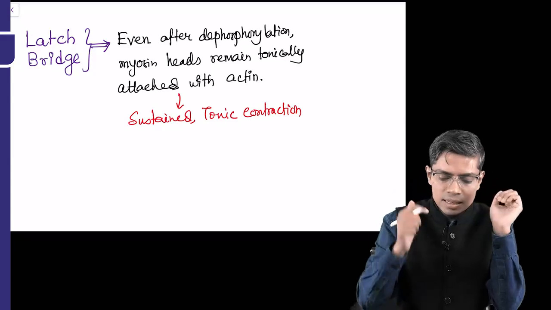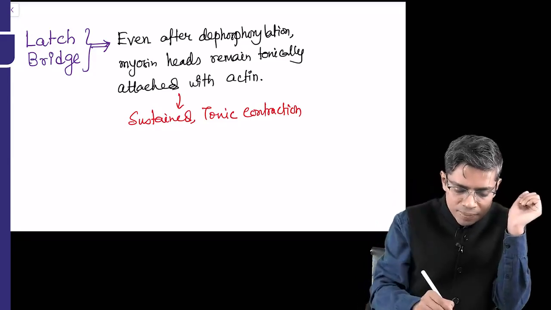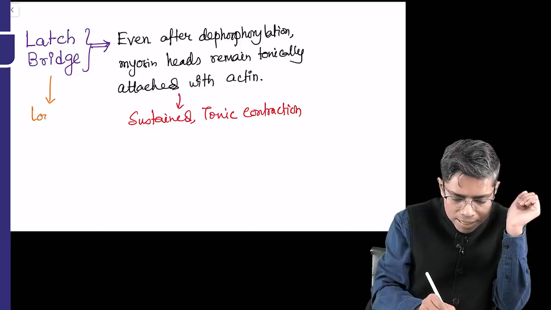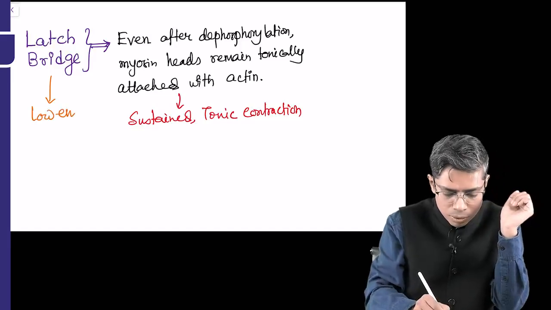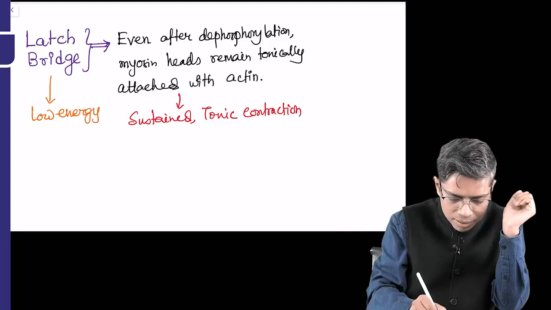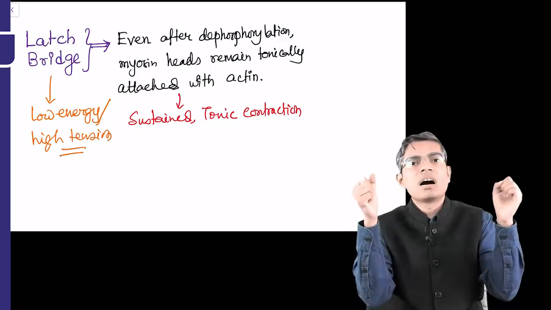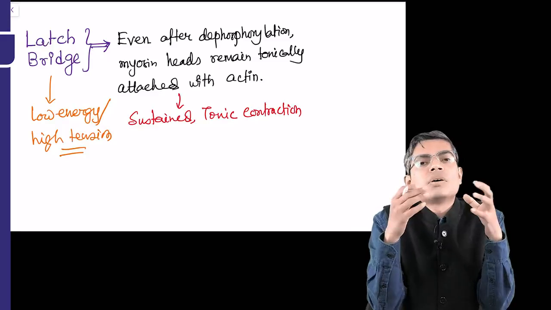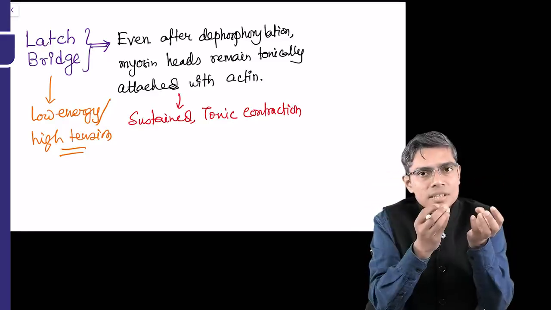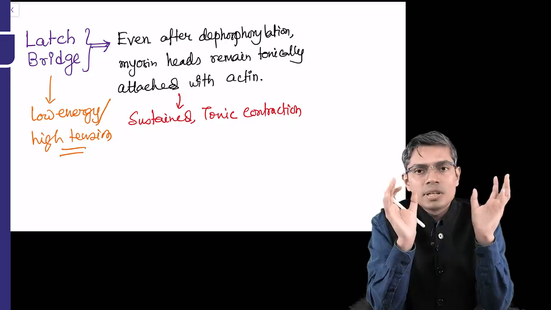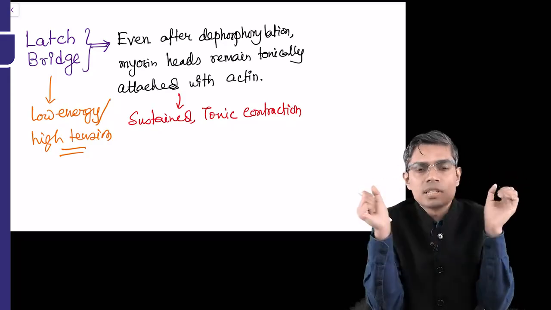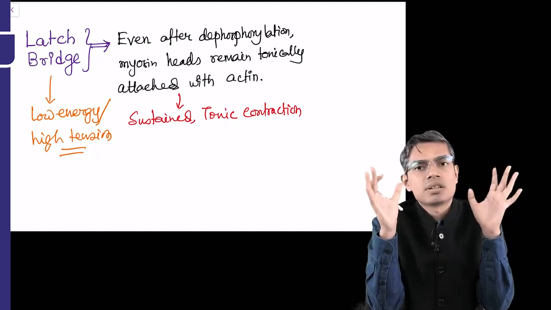That means I can understand latch bridge phenomena is a low energy utilized state, low energy but high tension condition of the smooth muscle. So the smooth muscle is generating high tension without using much of the energy. Low energy it is using because you have only caused dephosphorylation and phosphorylation once, but it is maintaining the sustained contraction.